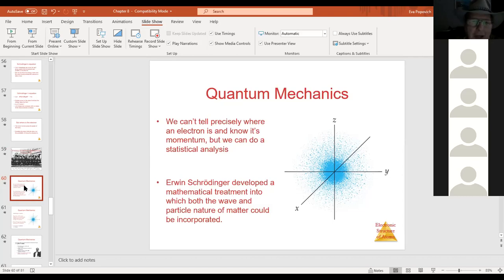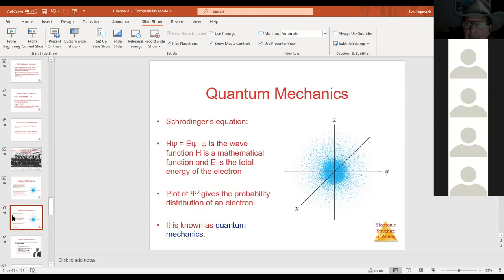What you have to understand is that you can never know precisely where an electron is and know its momentum, but we can do a statistical analysis. What Schrodinger did with his equation is he mathematically treated this so that we are both incorporating wave and particle matter.